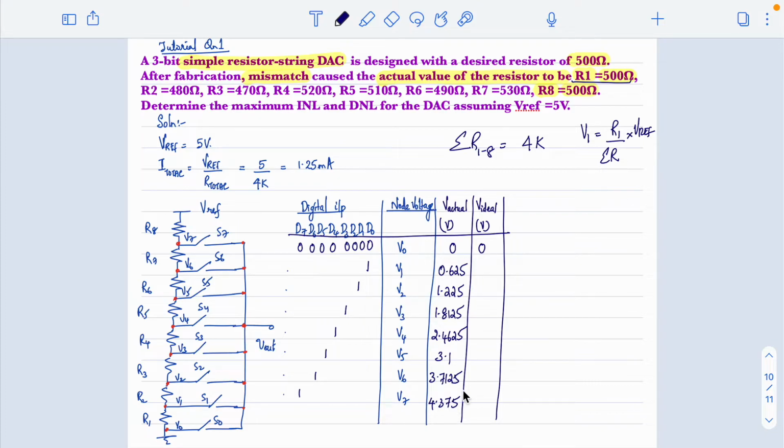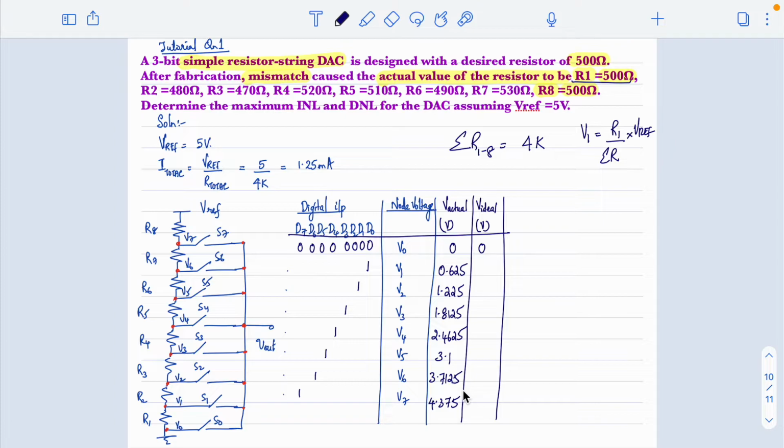So actual voltages are calculated based on the fabricated resistor values which are given, which have mismatch. Now how will you write the ideal voltage? The ideal voltage can be calculated easily by considering all the resistor values as 500. So that will be 500 into 500 divided by 4k into VREF.